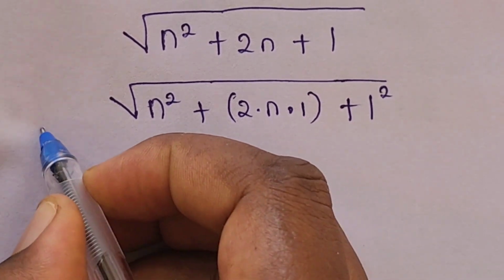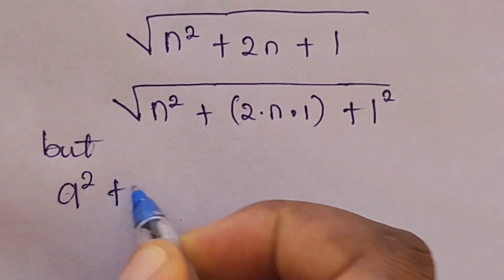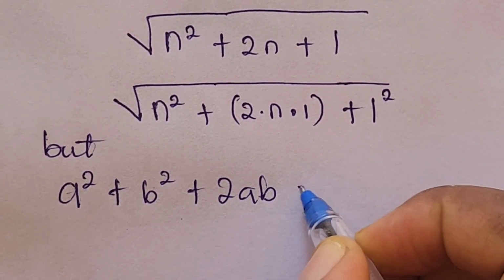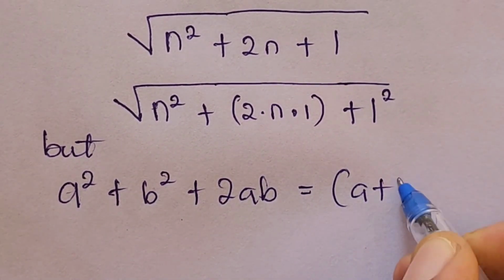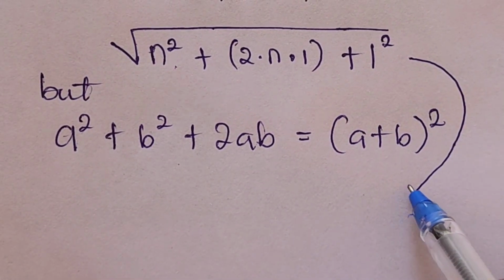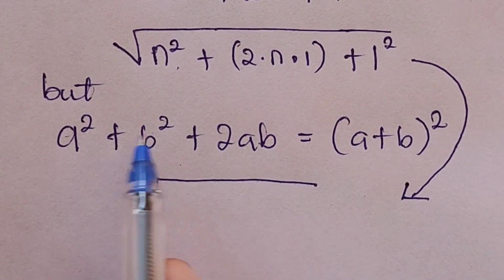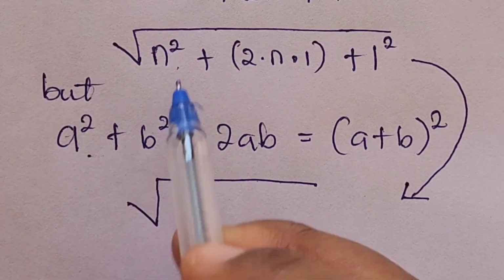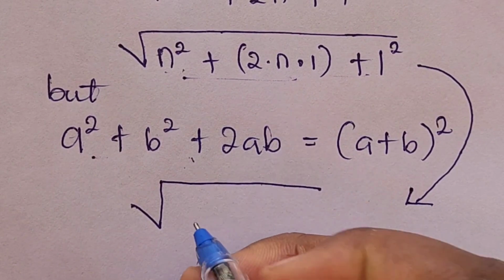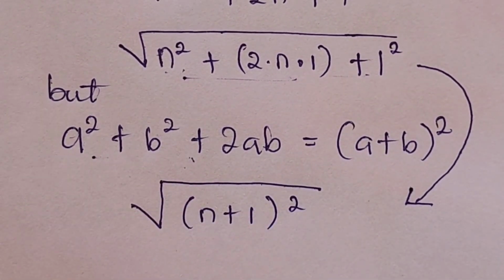And let's recall when we have a squared plus b squared plus 2ab, this is the same as a plus b all squared. So this equation looks like that, and this becomes the square root of n plus 1 all squared.